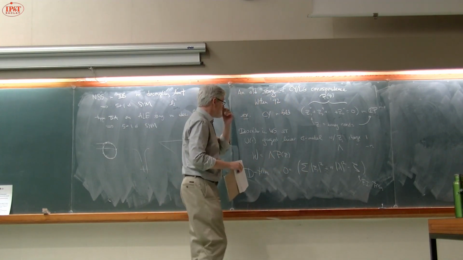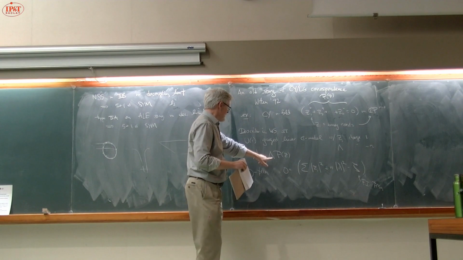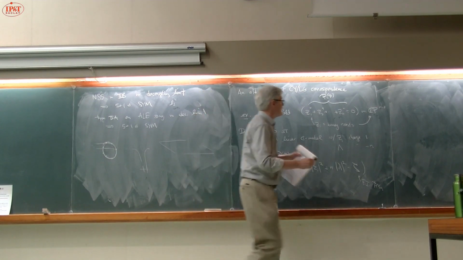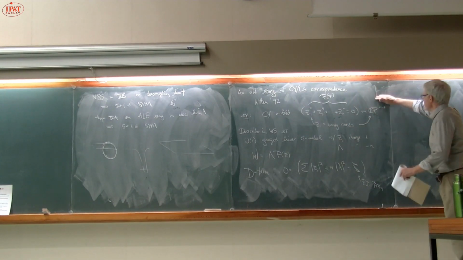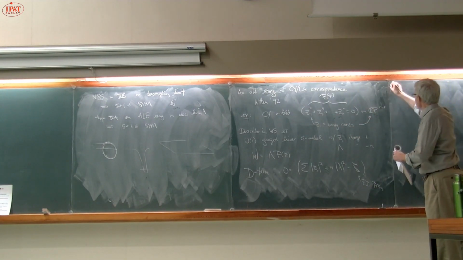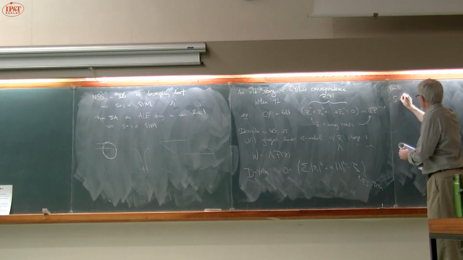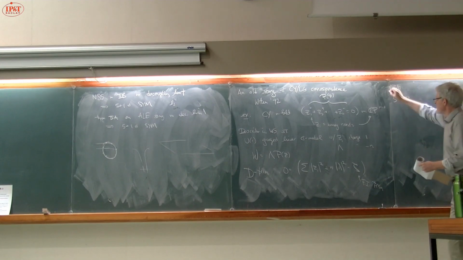So what does this do? Well, if you're going to solve the D-term constraint, there are two limits. There's a limit where zeta is large and positive.